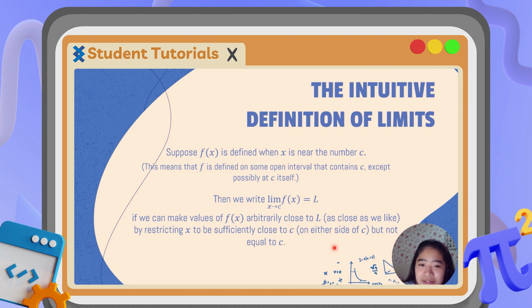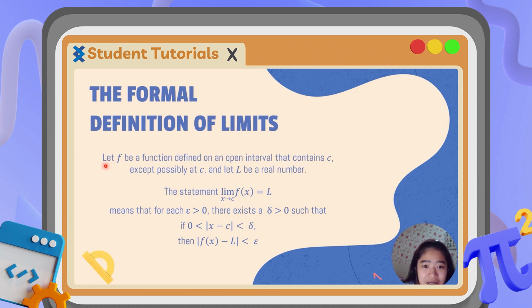So going back to the formal definition of limits, f is a function on an open interval containing c, a constant, except possibly at c, and we let L be a real number. The statement, the limit of f of x as x approaches c equals L, just means that for each epsilon greater than 0, there exists a delta greater than 0, such that if 0 is less than the absolute value of x minus c and is less than delta, then the absolute value of f of x minus L is less than epsilon.